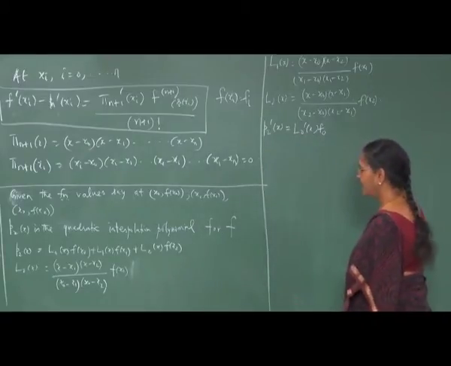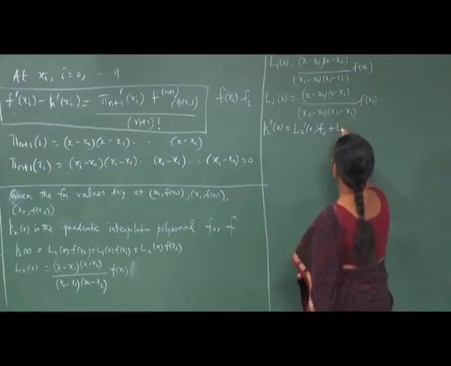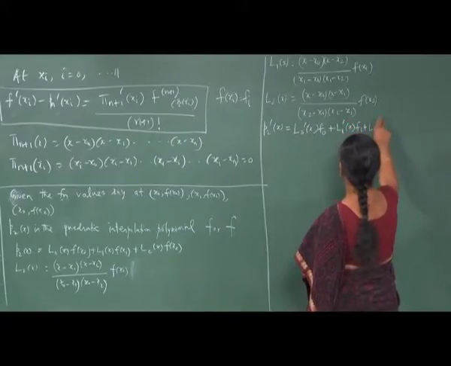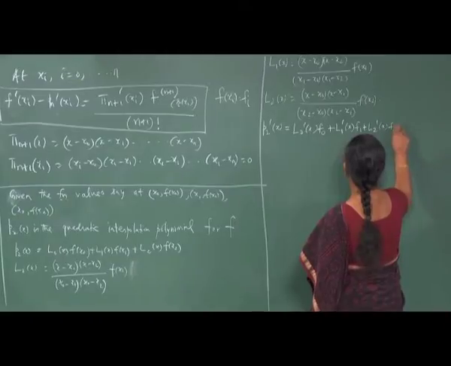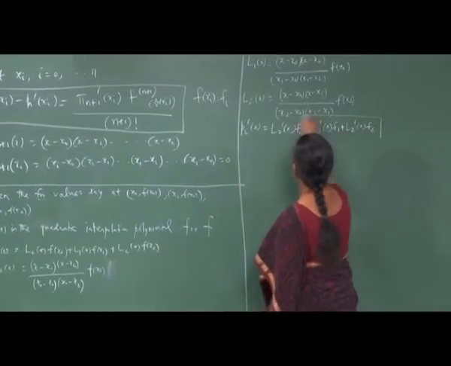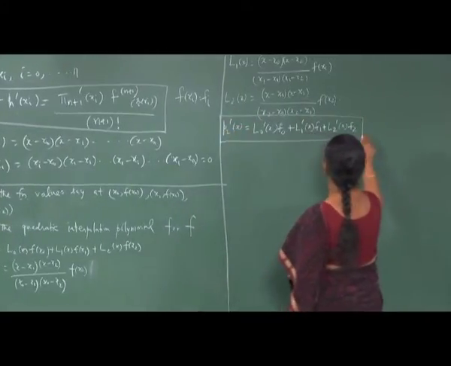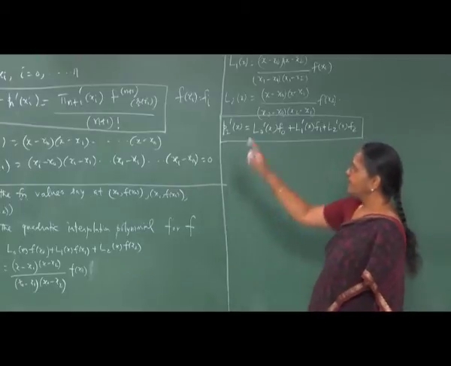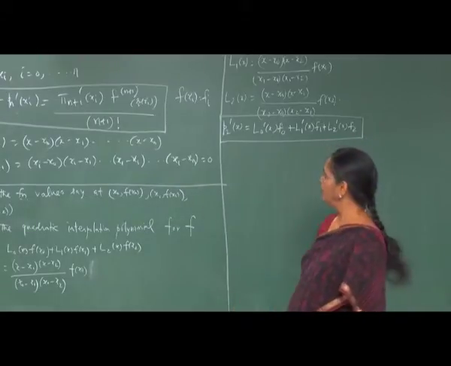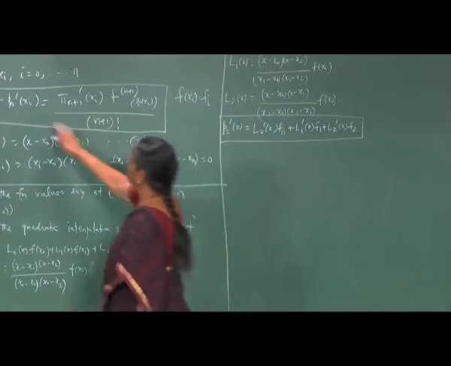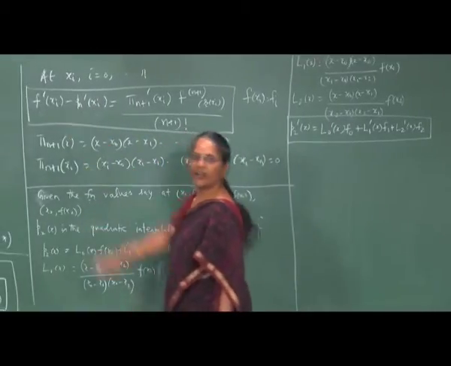So, f of x0 is f0, plus L1 dashed of x into f1 plus L2 dashed of x into f2. So, we must find this at the nodes x0, x1 and x2 and then use this to get an estimate on the error.